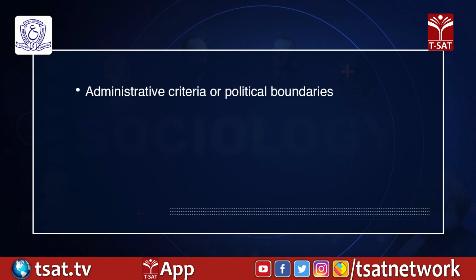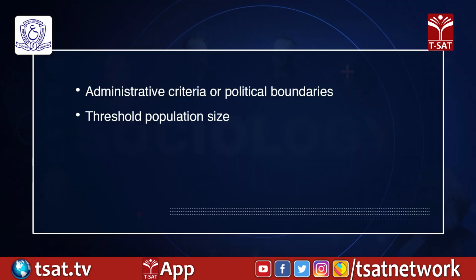Broadly, an urban area can be defined by one or more of the following: administrative criteria or political boundaries, that is, area within the jurisdiction of a municipality or town committees; threshold population size, where the minimum for an urban settlement is typically in the region of 2000 people, although this varies globally between 200 and 50,000.